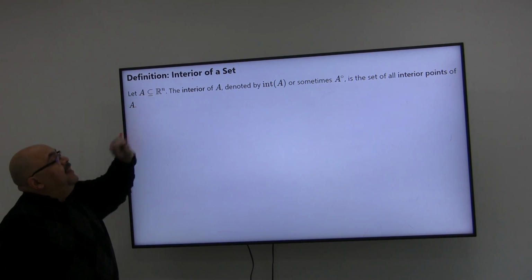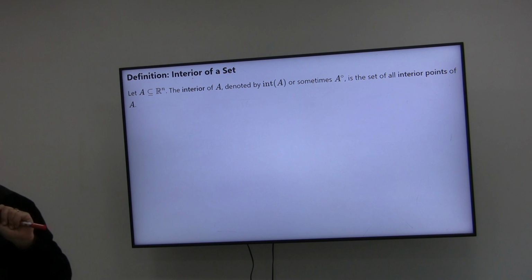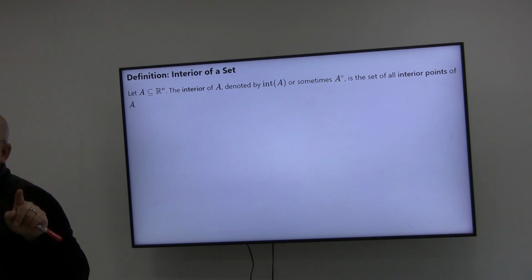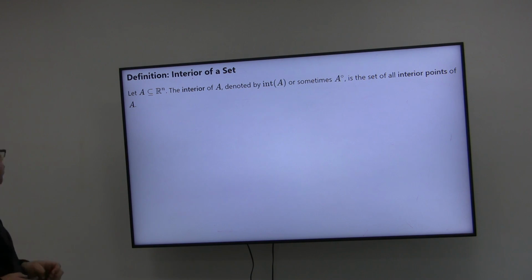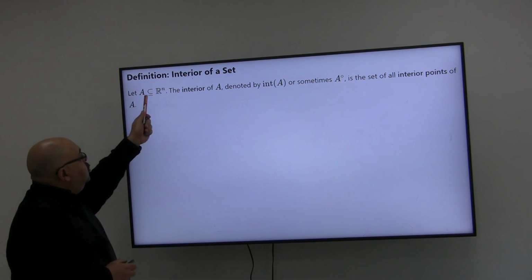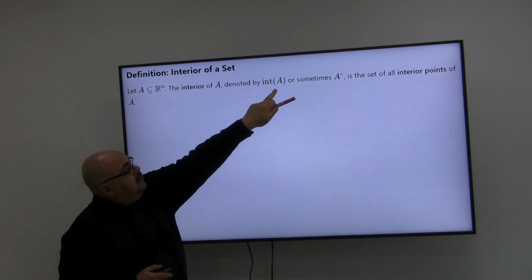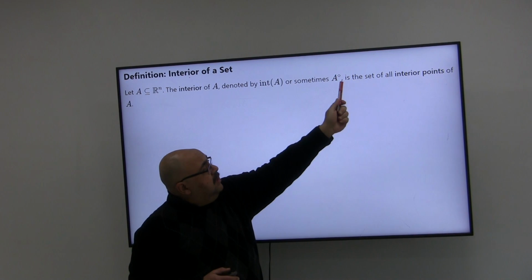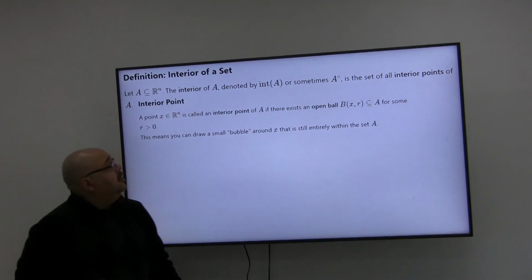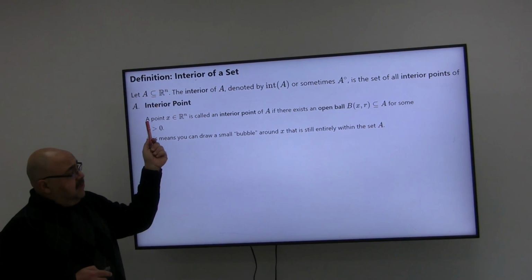Okay, what's the interior of a set? The interior of a set is all the points inside a certain set without the boundary. So it is written A is completely contained in Rn. The interior of A, denoted by int A, or sometimes A to the power of a circle, is the set of all interior points of a certain set.